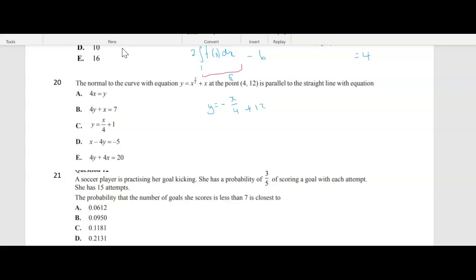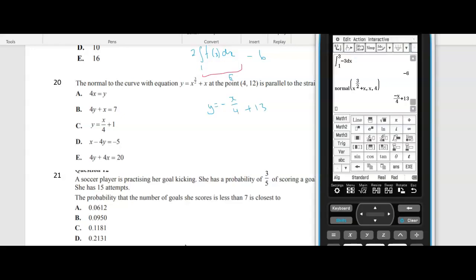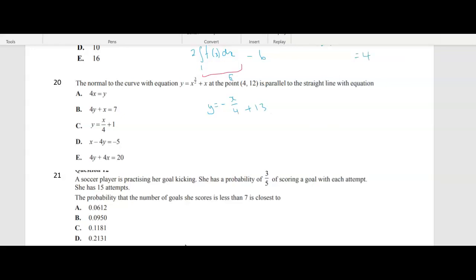Parallel lines have the same gradient, so the gradient for this one is the coefficient of x, which is negative 1 on 4. If we were doing the tangent, it's just the negative reciprocal, but we're doing the normal.